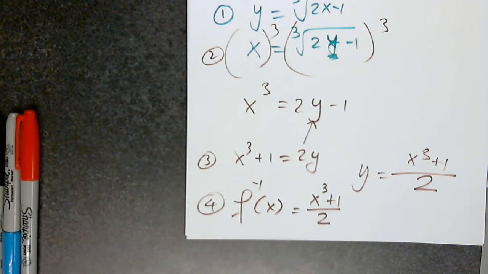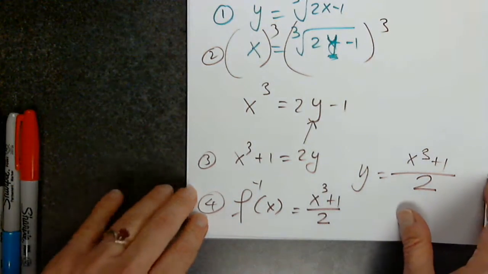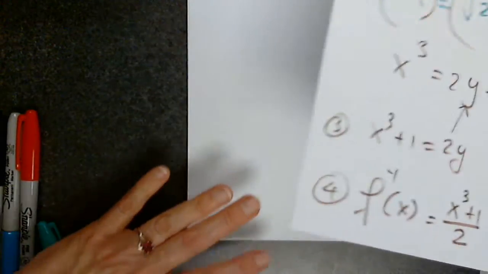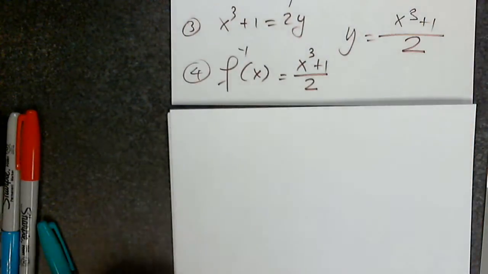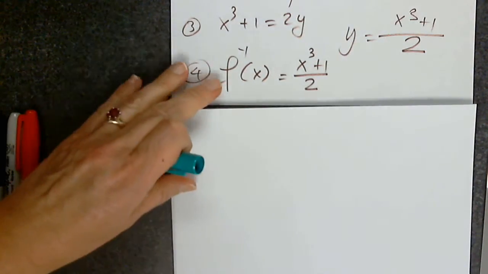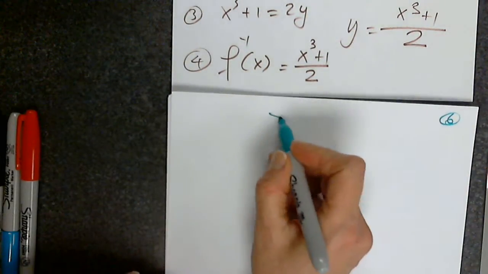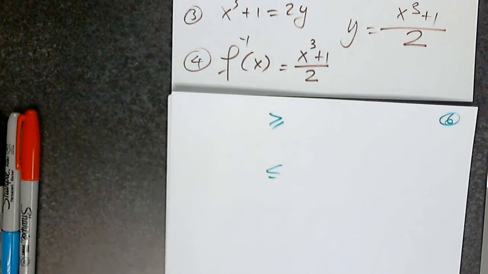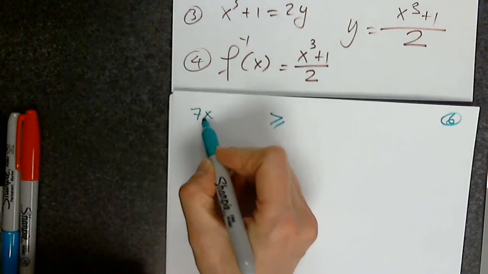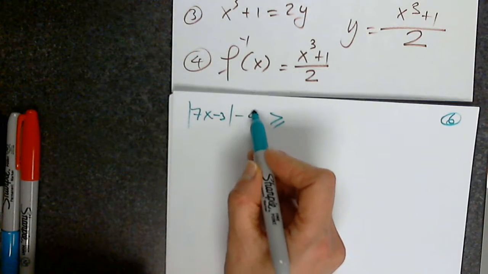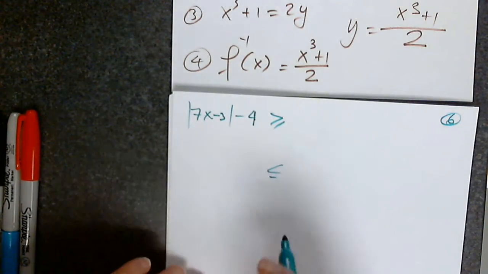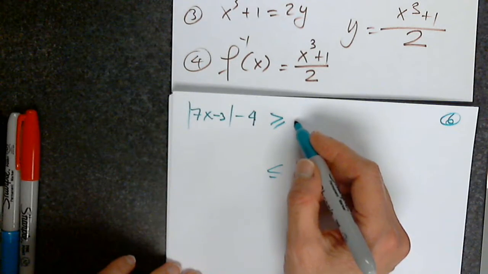Let's solve some absolute value inequalities. Make one up. One with less than or equal to, and one with greater than or equal to. In absolute value, let's say 7x minus 3, minus 4, greater than or equal to 6.